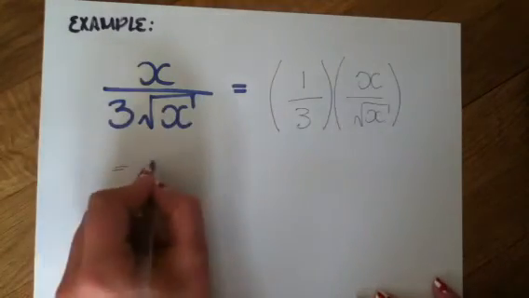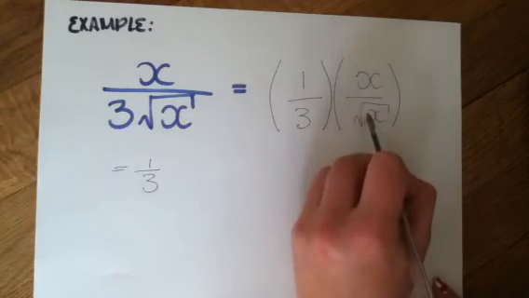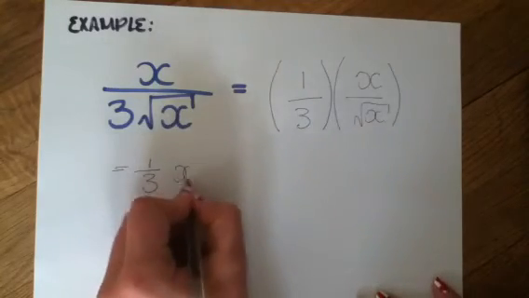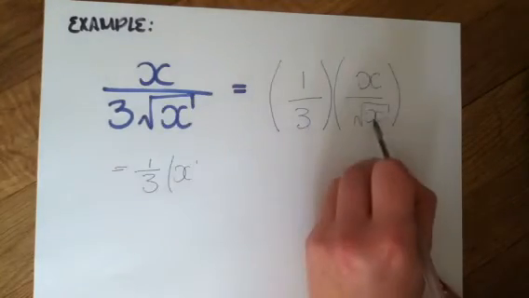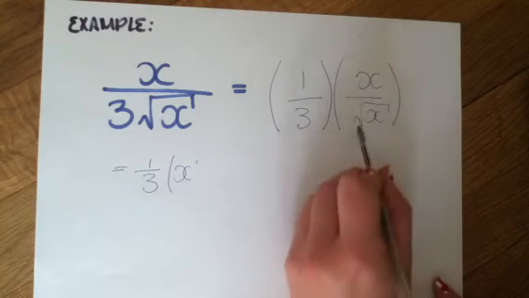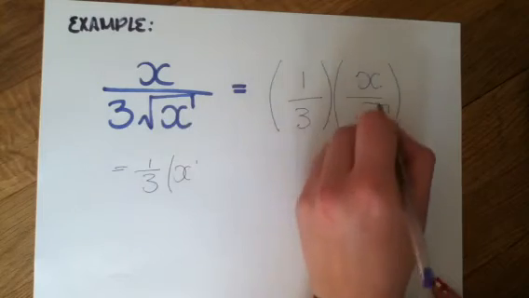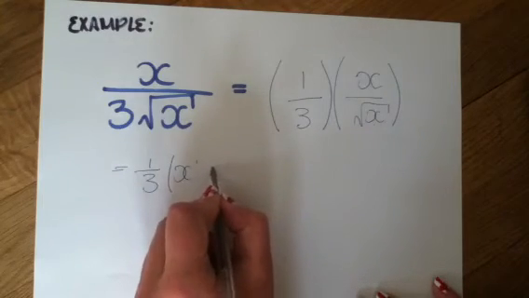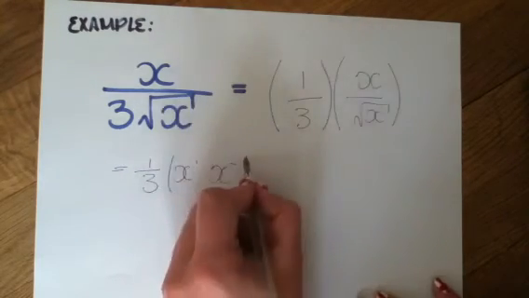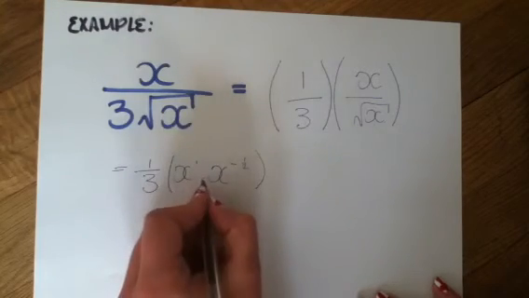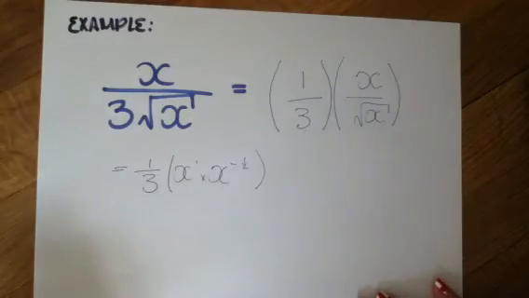So here we still have 1/3, but now we can deal with the x's on their own. So we've got x, don't forget to the 1, and on the bottom we have root x. So this is a minus because it's reciprocated. It's x to the minus, and of course the root means a half. There we go, and these are times together.